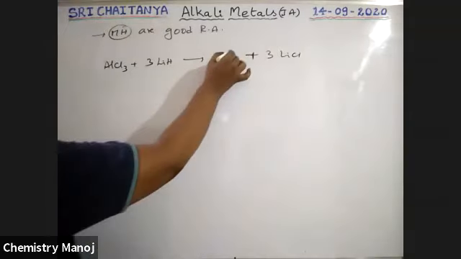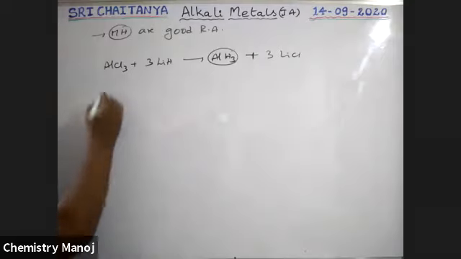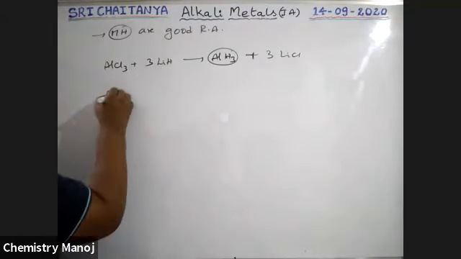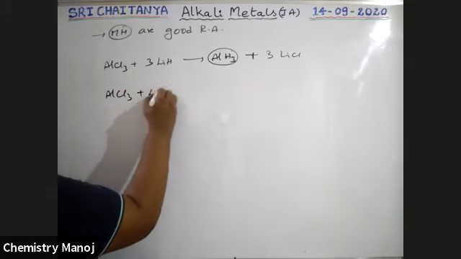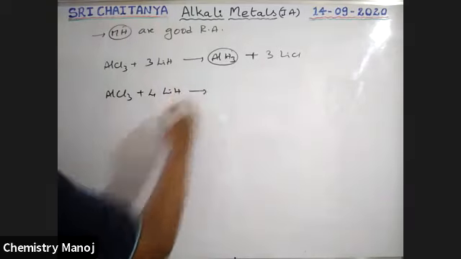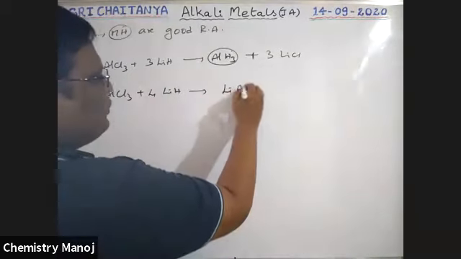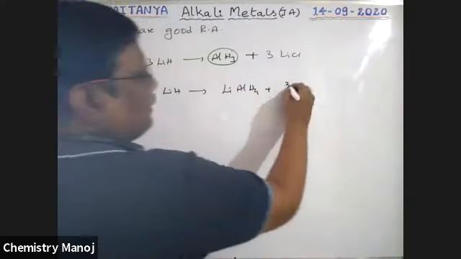So aluminum hydride is the product. Chlorine is removed, hydrogen is added, so it is the reducing agent. Next, AlCl3 reacts with 4LiH and gives LiAlH4 plus 3LiCl.